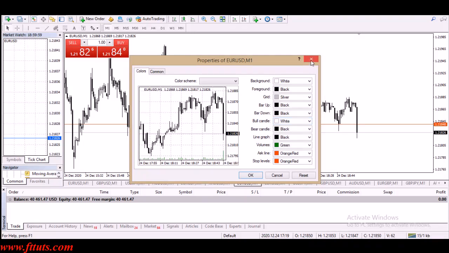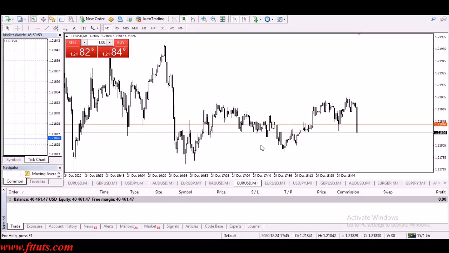You are just changing the colors of these candles. It's very popular to use the bearish candle in red, the bullish candle in green.